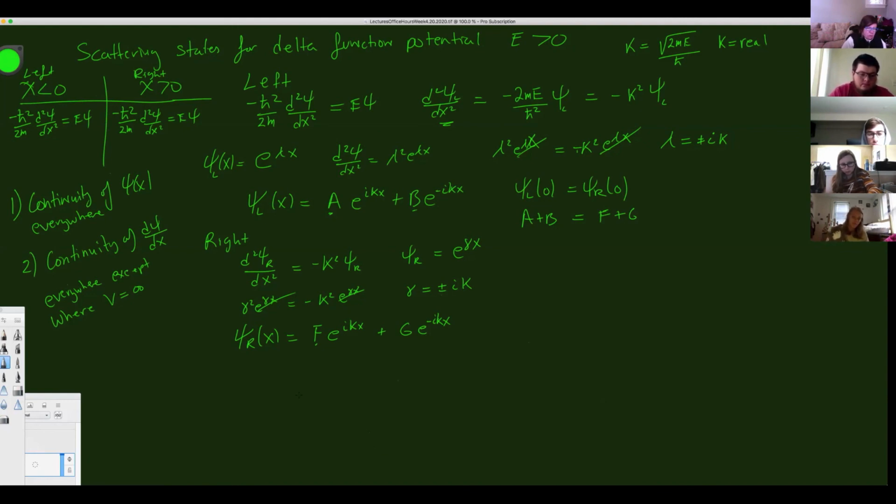I'll write it all down. After doing all that work, you get i k (F minus G minus A plus B) is equal to, and this is from boundary condition 1 and this is from boundary condition 2, minus 2m alpha over h bar squared times (A plus B).